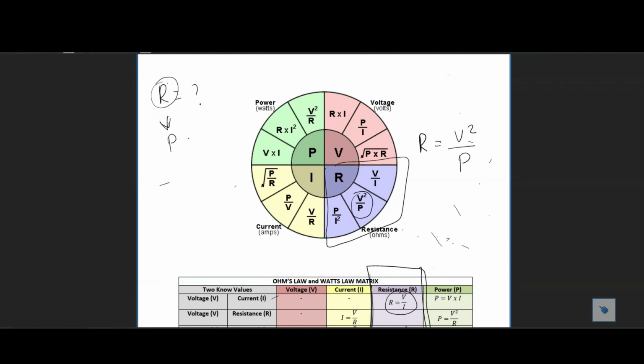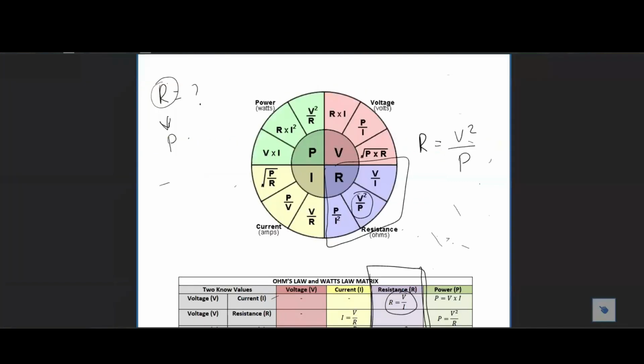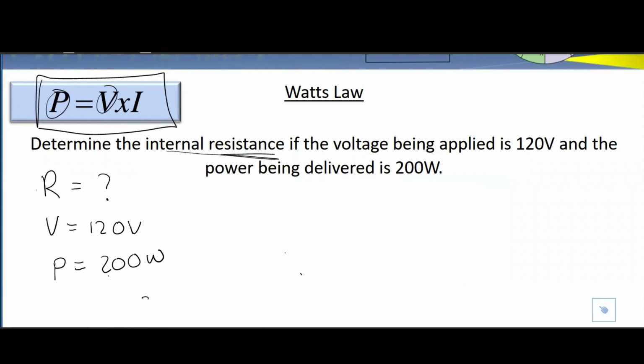So let's come back over here and let's apply it. R equals V squared over P. So we plug those values in.